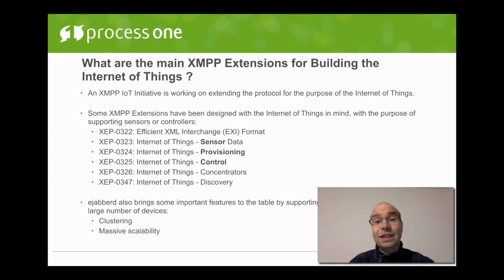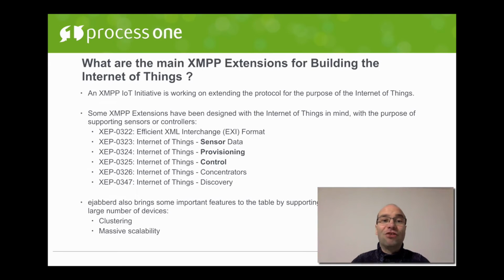And of course, in the context of XMPP, some servers bring important features to the table. ejabberd, for example, by supporting clustering and massive scalability, is a critical component in building the Internet of Things, because it will allow device manufacturers to build platforms able to support millions of things connected on that network.